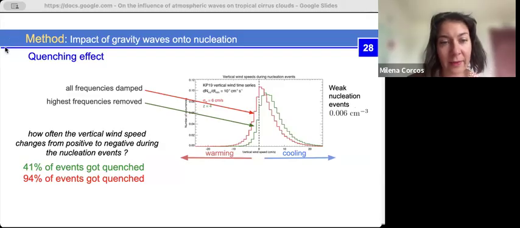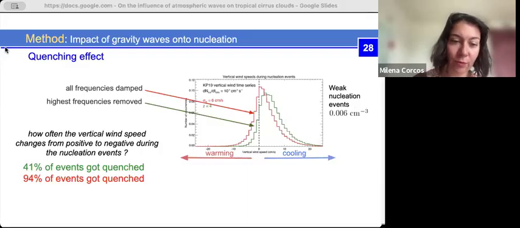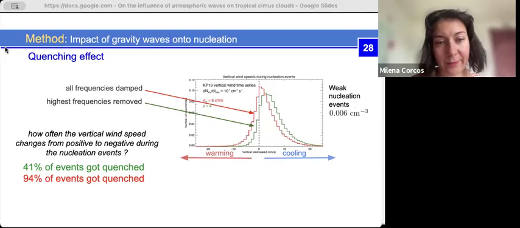For weak nucleation events, what my distribution shows here is that 94% of events are quenched when we have the highest frequency included, when there are only 41% when we remove the highest frequencies.